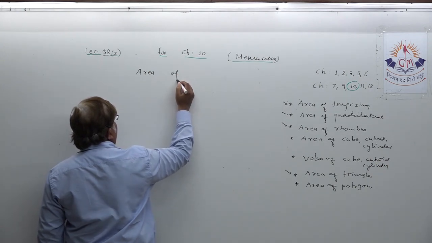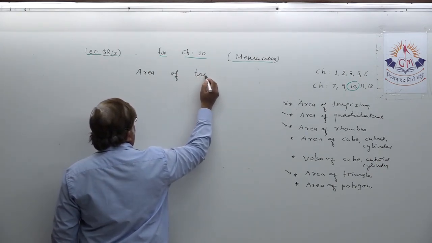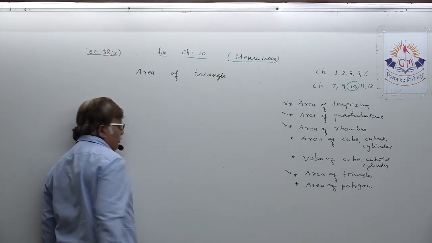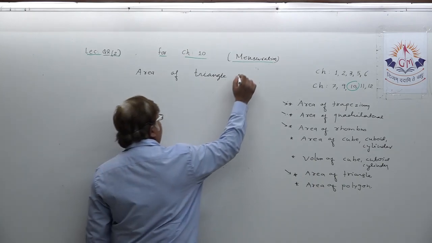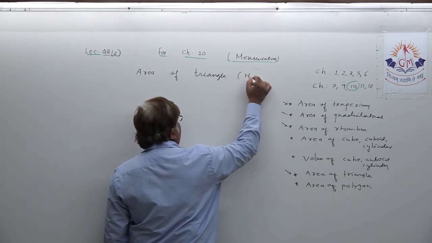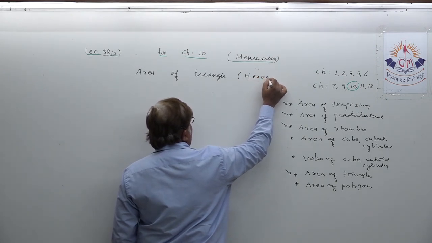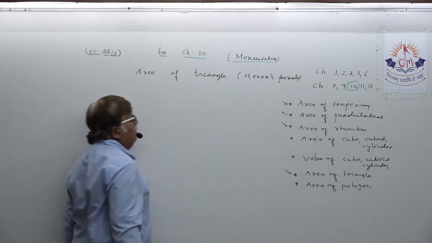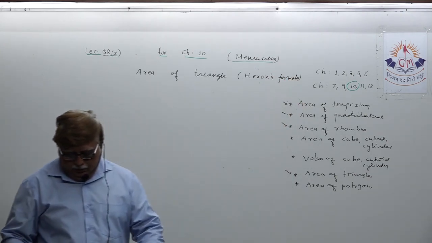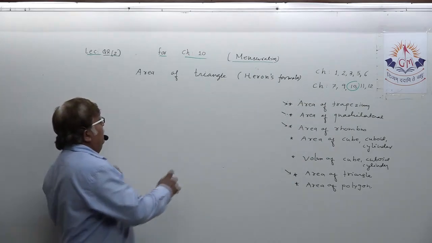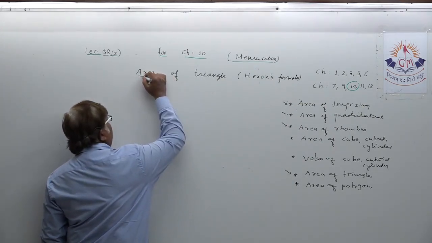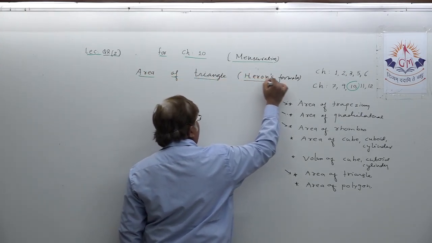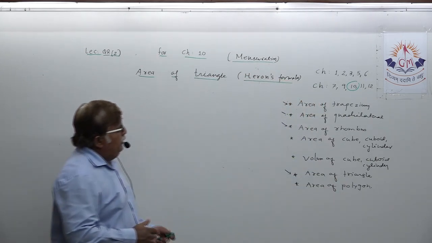Now you all know very well, area of triangle to be found by Heron's formula is going to be very useful to you even in 9th standard. So this is very important for you to understand how to find area of triangle with the help of Heron's formula.